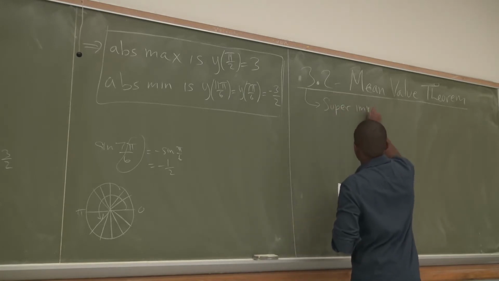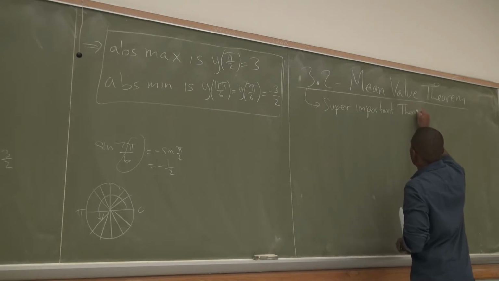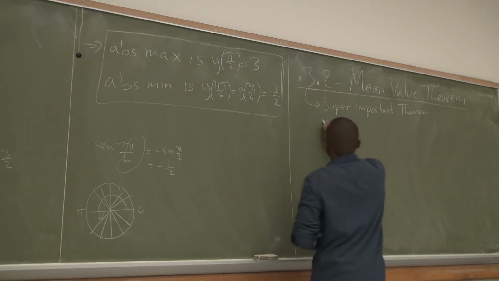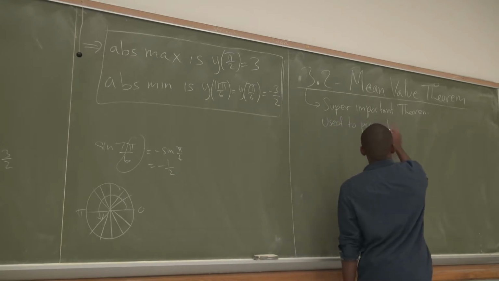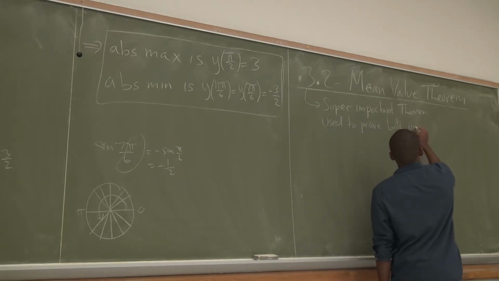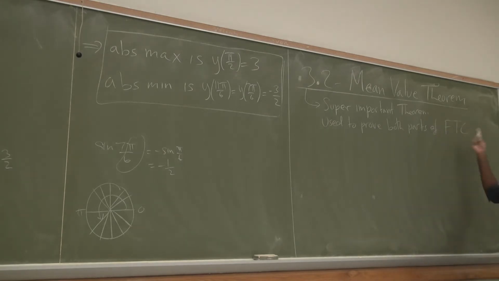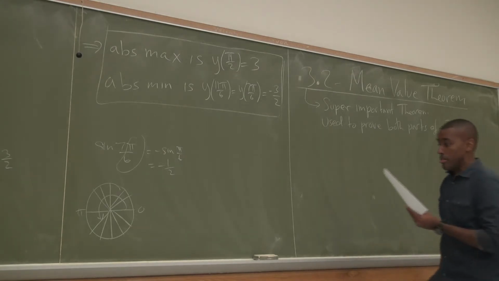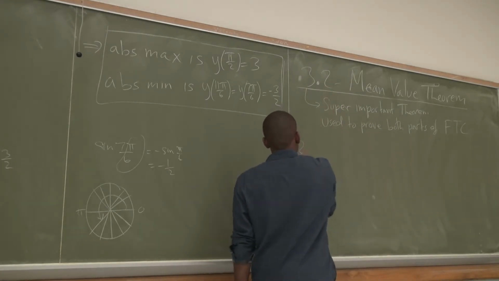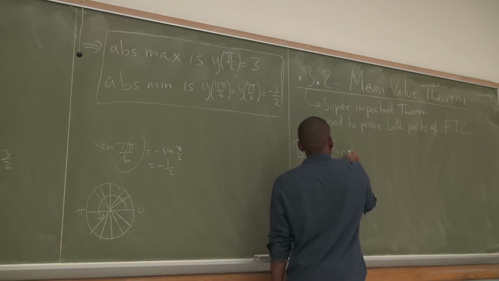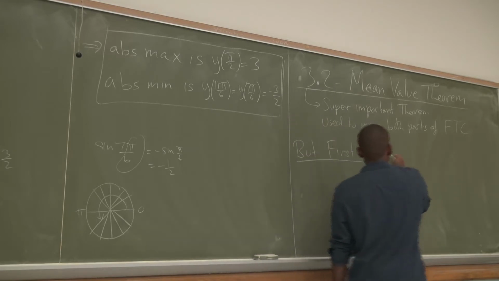It's used to prove both parts of FTC, the fundamental theorem of calculus. Everyone abbreviates it FTC. But first, there's a special case that we call Rolle's theorem.